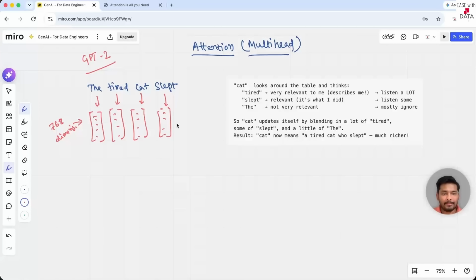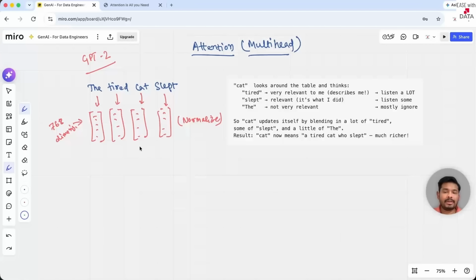I will take the example of GPT-2 because the numbers are pretty small, like 768, so it is pretty easy to understand. The vector embeddings for each token are represented here in 768 dimensions, and right now these are all normalized. So we are done with our second step.